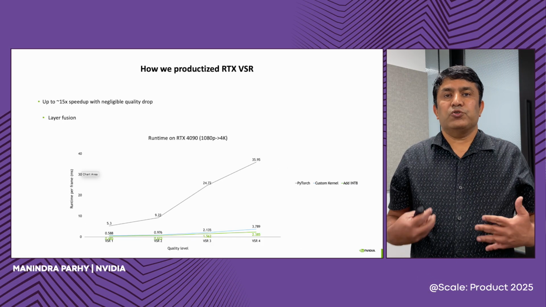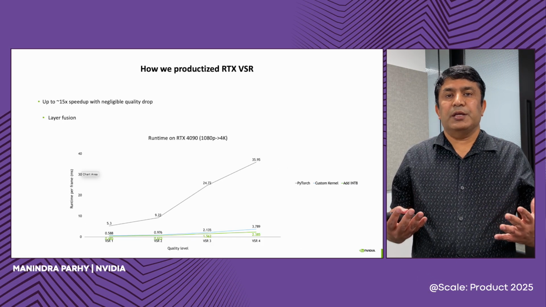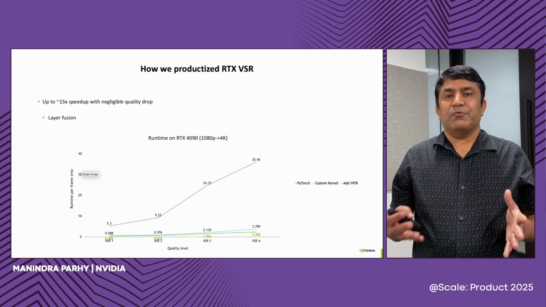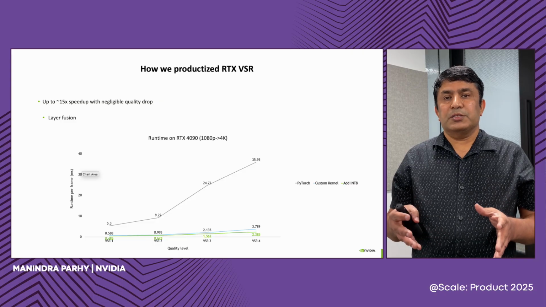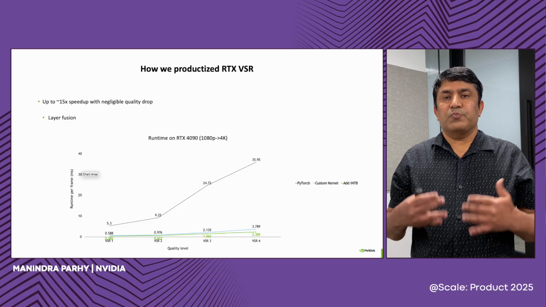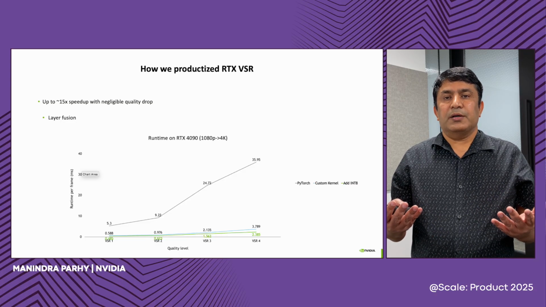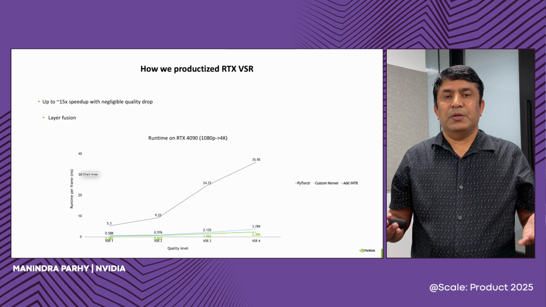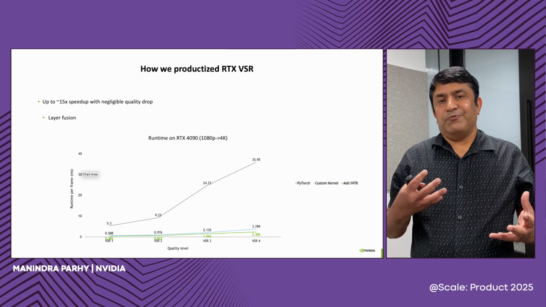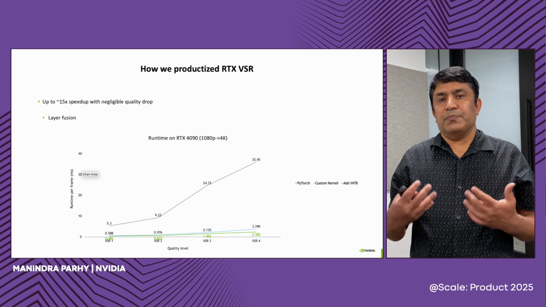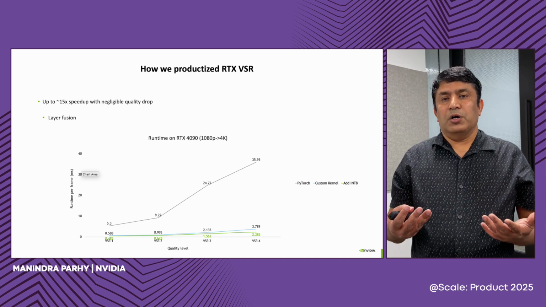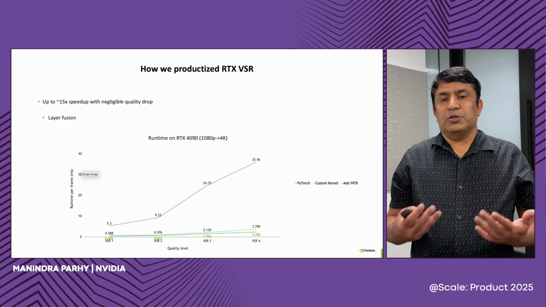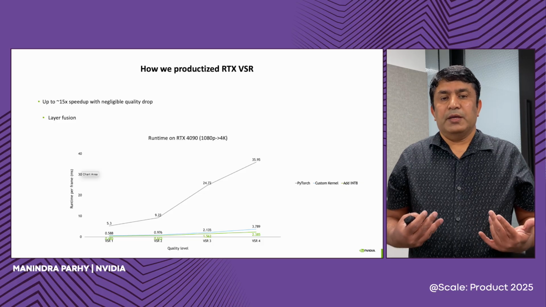And how we went about it is basically doing something called layer fusion. Different kernels write out their output to memory, which creates a memory-bound situation and makes the runtime bigger. So we fused the kernels together, so the data doesn't need to go out of the chip to the DRAM.